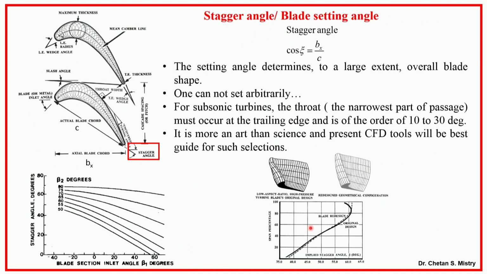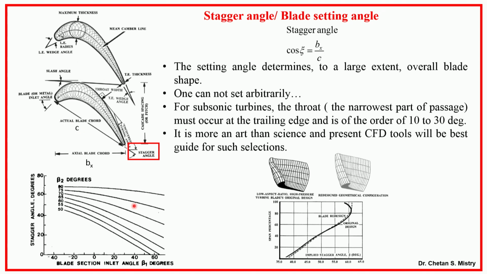Now, as we have discussed, one more parameter controlling the mass flow rate in the case of a compressor is, similarly here also, the stagger angle or blade setting angle. If you look at here, this is represented in terms of my axial chord versus my actual chord.